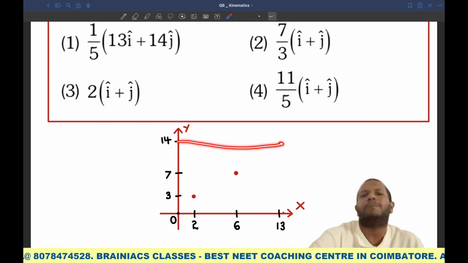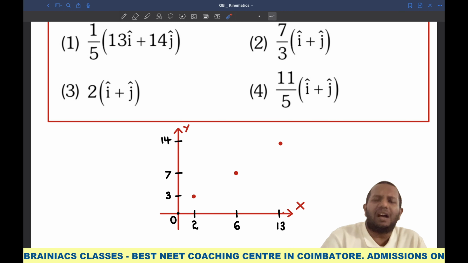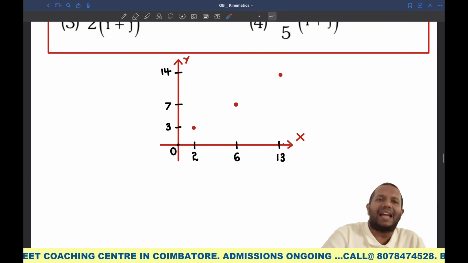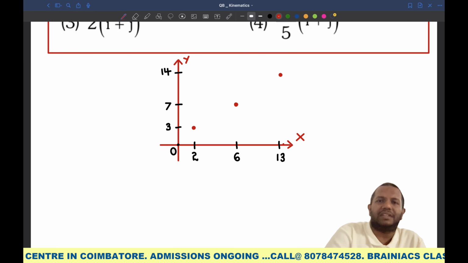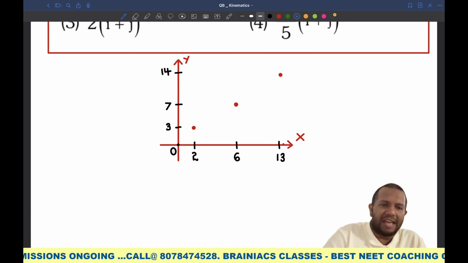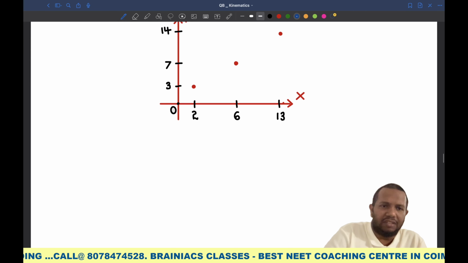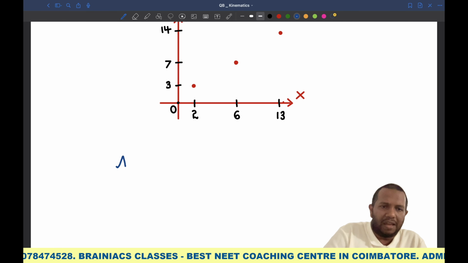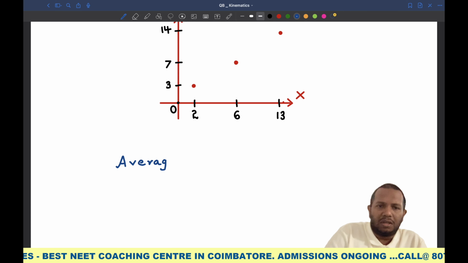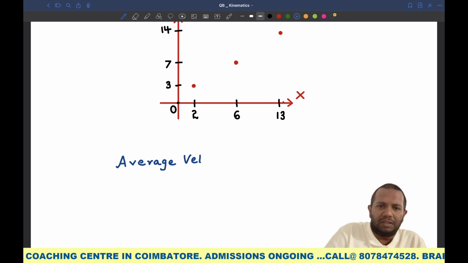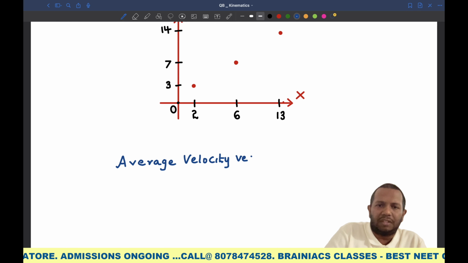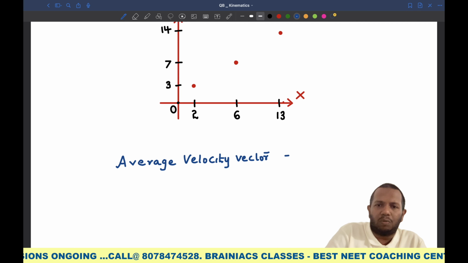Now they are asking you to calculate the average velocity vector. So we should know what the average velocity vector is and how to calculate that. Let's try to do that. So I am writing that average velocity vector is equal to what would it be?